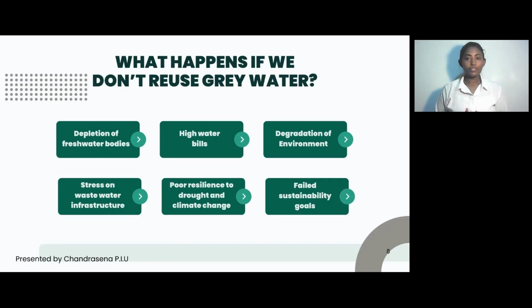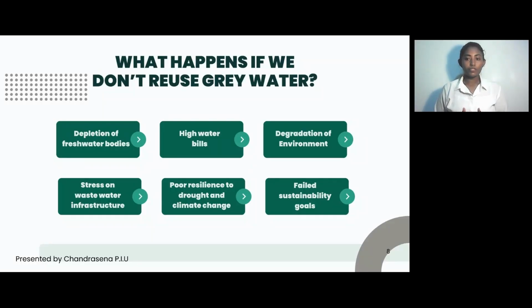Another problem is environmental degradation. When grey water is not reused, it goes directly into the sewage system. If these systems get overloaded, dirty water can leak into rivers, lakes, and flood roads. It causes water pollution and health risks. On top of that, plants and animals that depend on this water begin to suffer. Next one is poor resilience to drought and climate change.